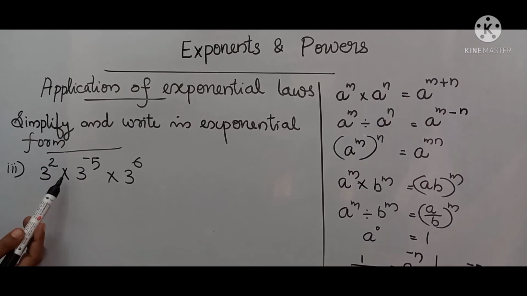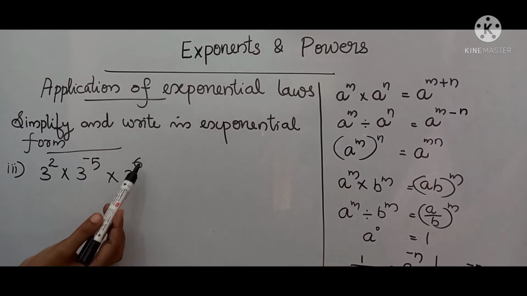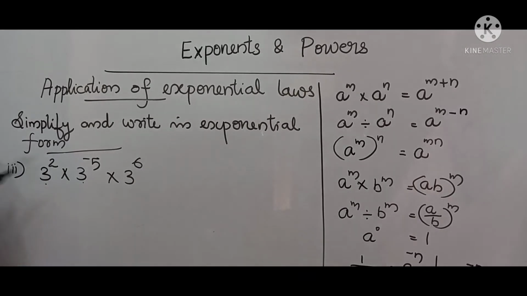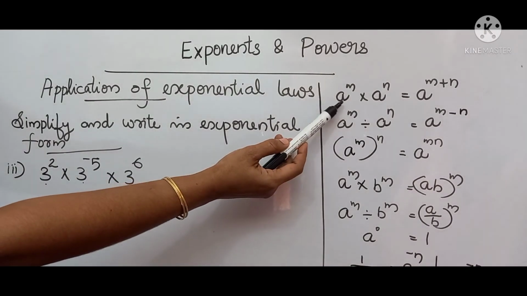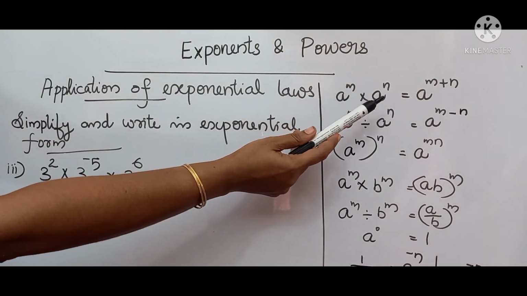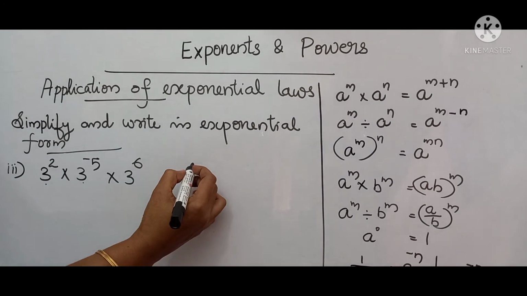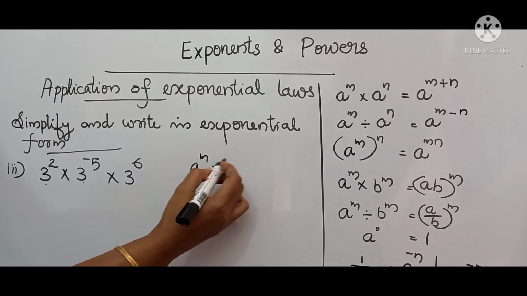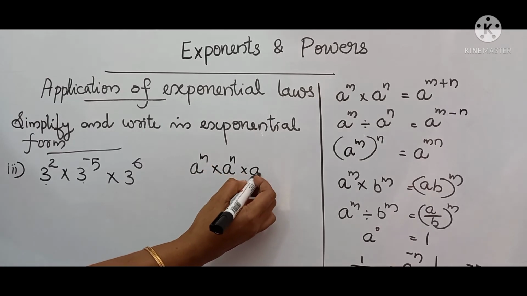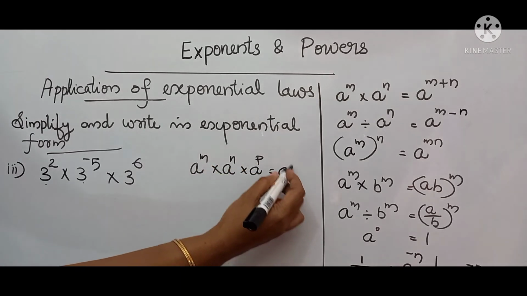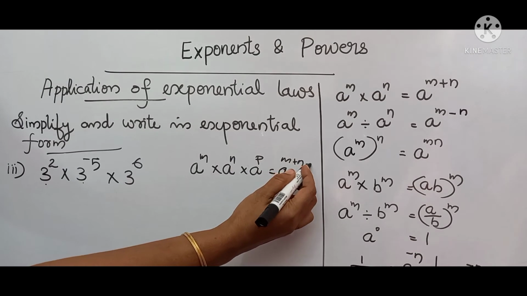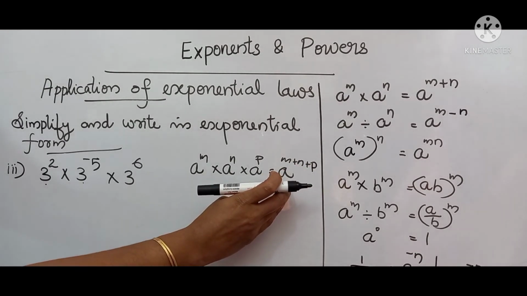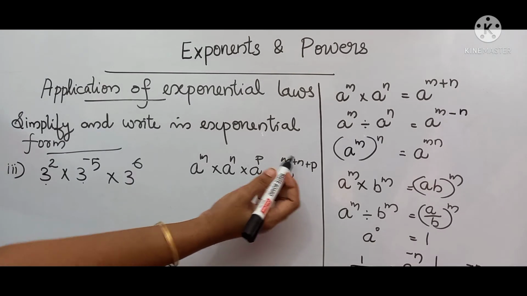Third one is 3 square into 3 raised to minus 5 into 3 raised to 6. Here you can see 3, 3, 3. That means the bases are same. And here you can see the law, a raised to m into a raised to n is equal to a raised to m plus n. Here one more exponent is there also. We can apply this law: a raised to m into a raised to n into a raised to p, let us suppose one more is there, is a raised to m plus n plus p. How many there are doesn't matter. We write the same base and add the powers.